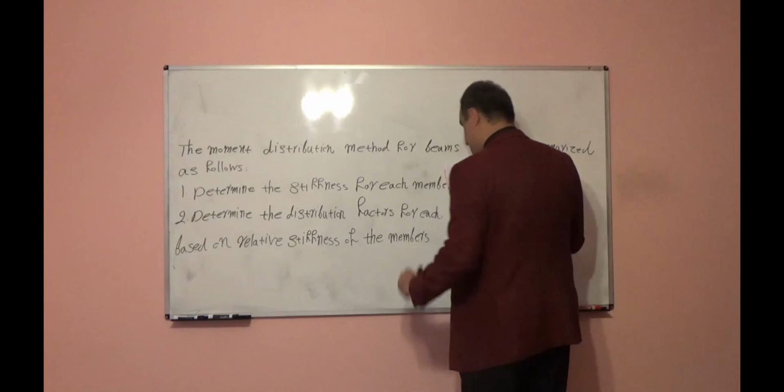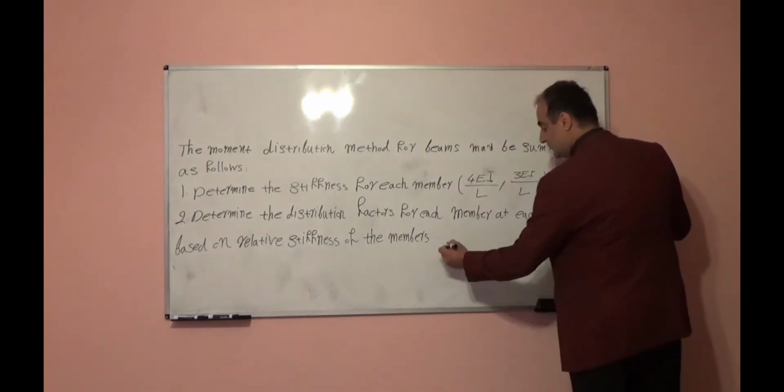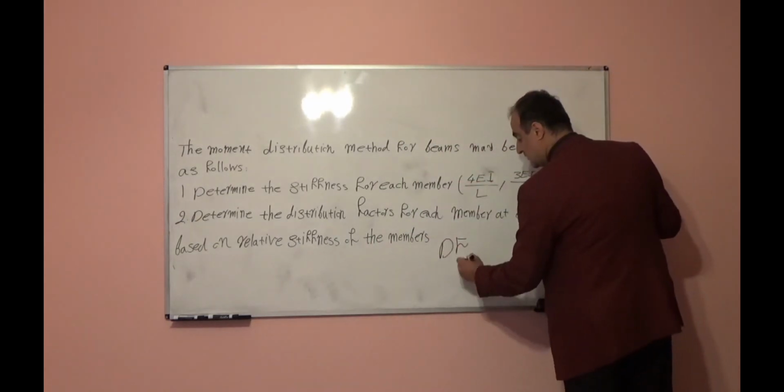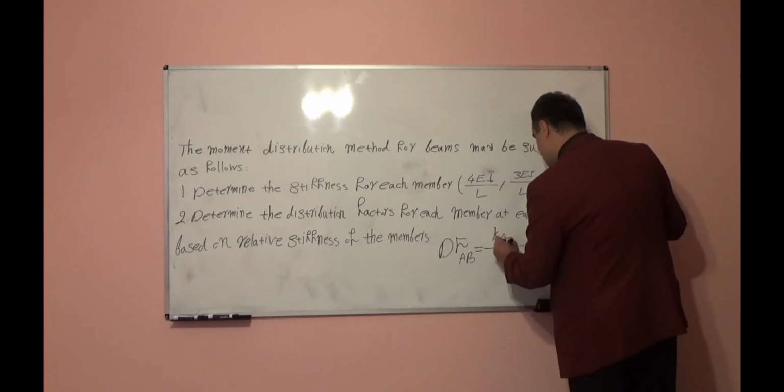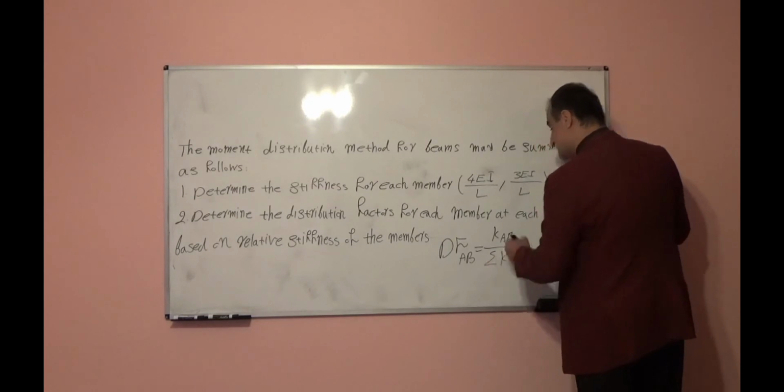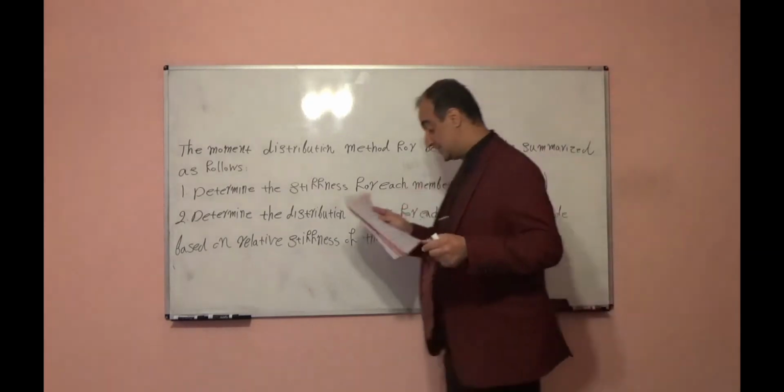It means distribution factor. For one member like AB, it will be KAB divided by the summation of stiffness of members connected to node A.